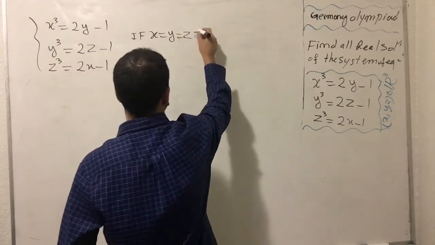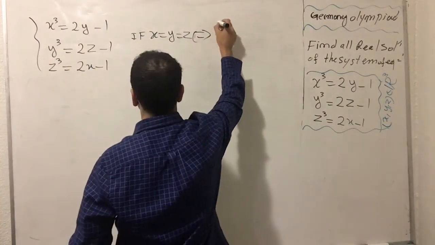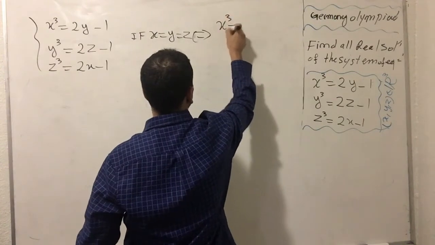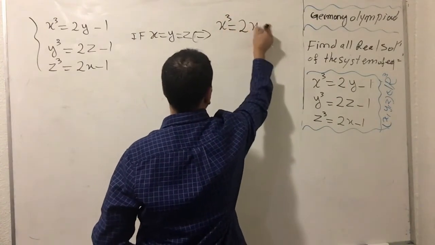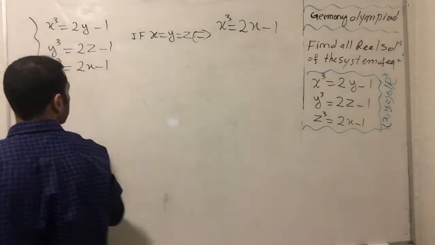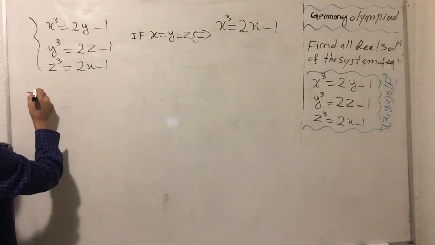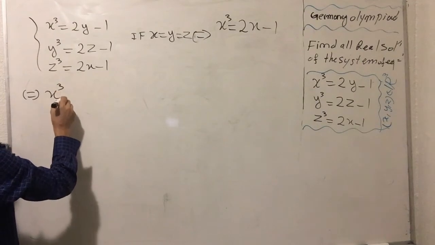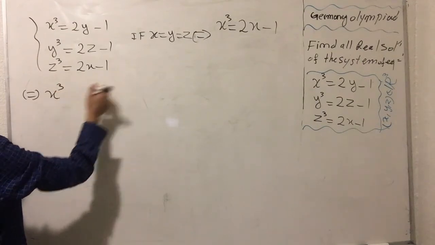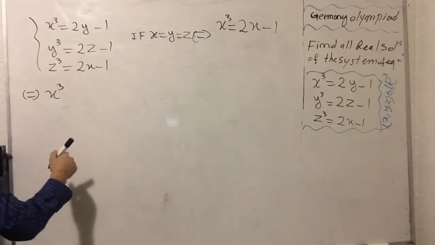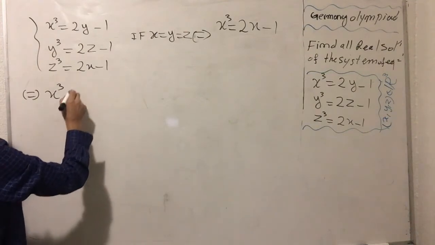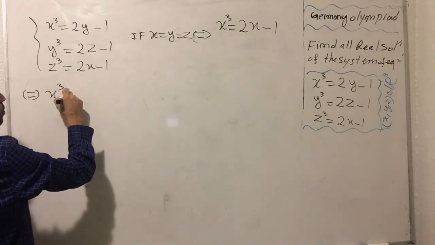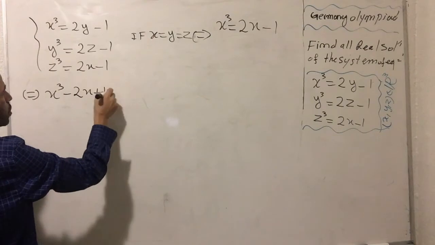So it's equivalent to x cubed equals 2x minus 1. That means x cubed, I'm going to bring 2x and minus 1 to the other side, so it becomes x cubed minus 2x plus 1 equals 0.